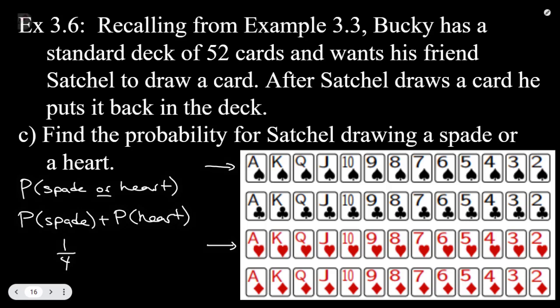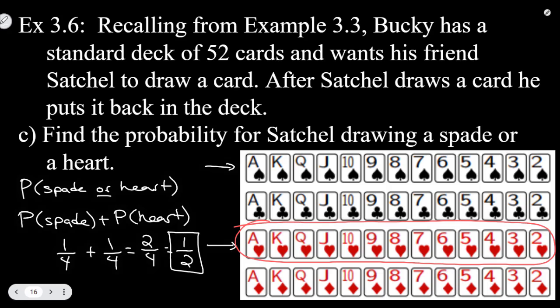And there are the same number of hearts as spades, so the probability of drawing a heart will also be 1/4. We add them together and get 2/4, which is 1/2. So our probability of drawing a spade or a heart would be 1/2. That makes sense if you're looking at the picture, because you've circled 2 of those rows and 2 of the rows are not circled. So half of them are in our favorable outcomes, or the event that we are considering.